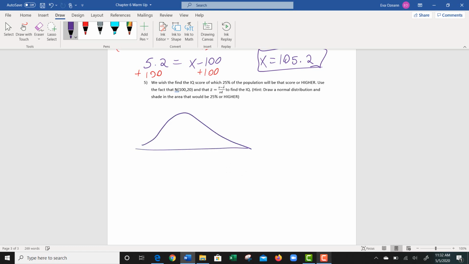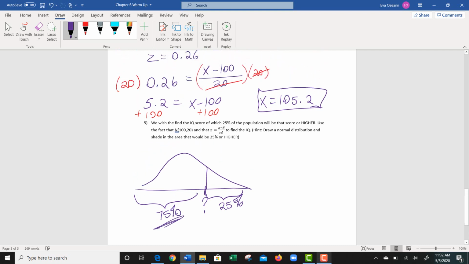So 25% will be that score or higher, which means we're looking at the upper 25%. Here's the deal: finding the score associated with the upper 25% is the same thing as finding the score associated with the lower 75%.